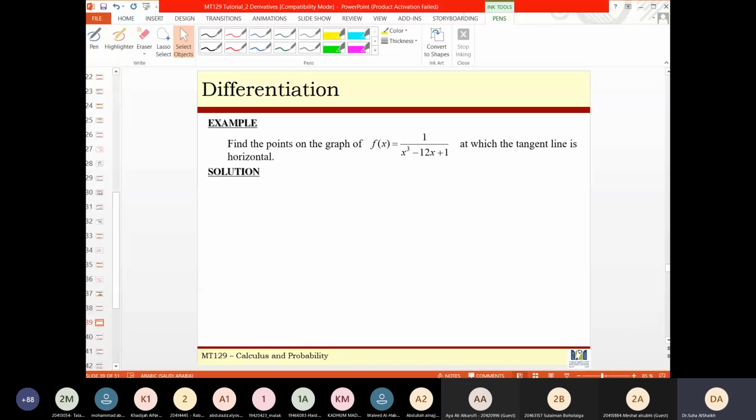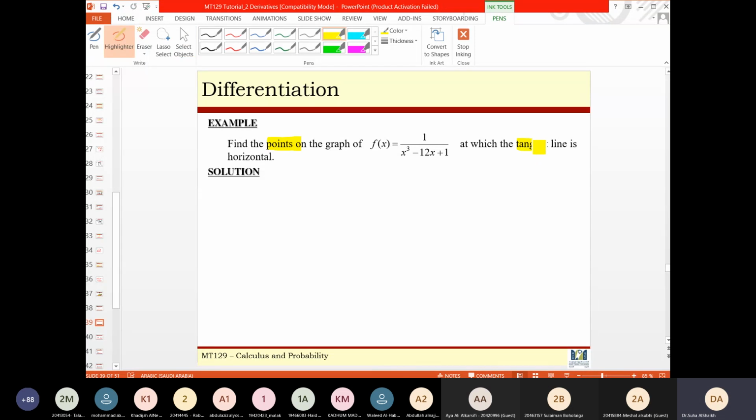Let's do this example and then I can do some more examples with you, don't worry. Check the question. Now, not all the time the questions are direct, like find the derivative. Sometimes you have to find the derivative to find something else. The question here: find me the points on this graph at which the tangent line is horizontal.